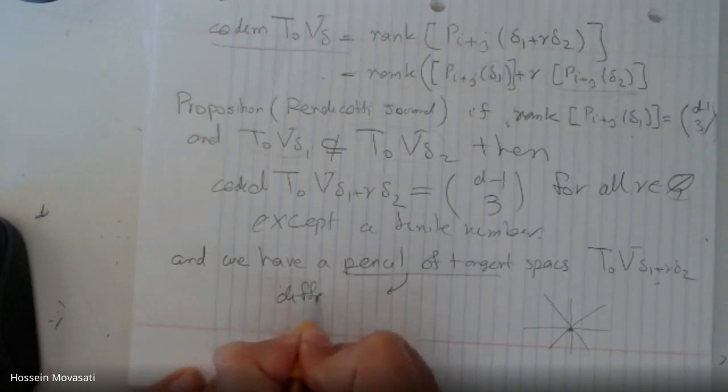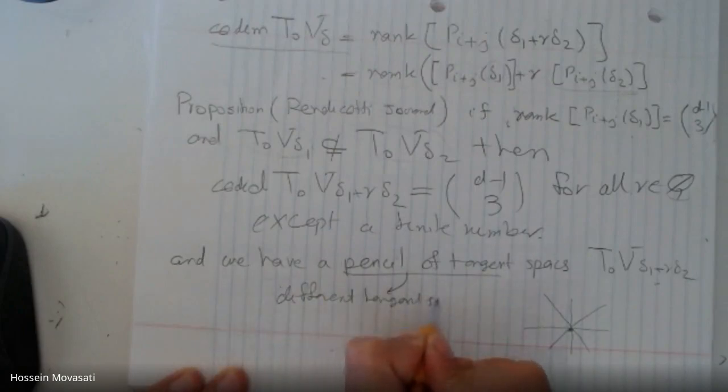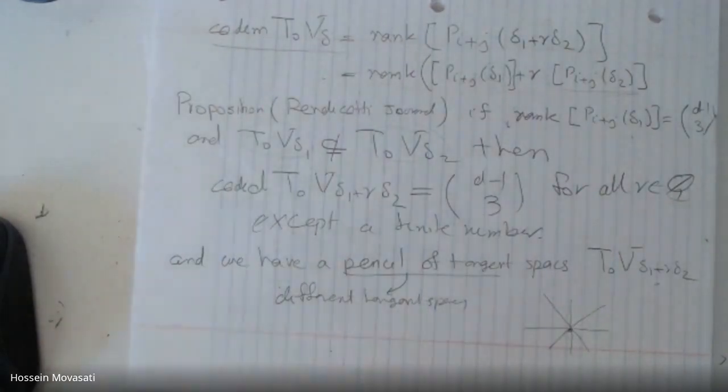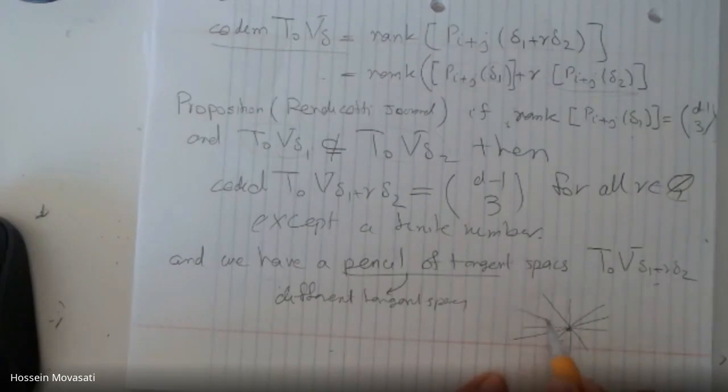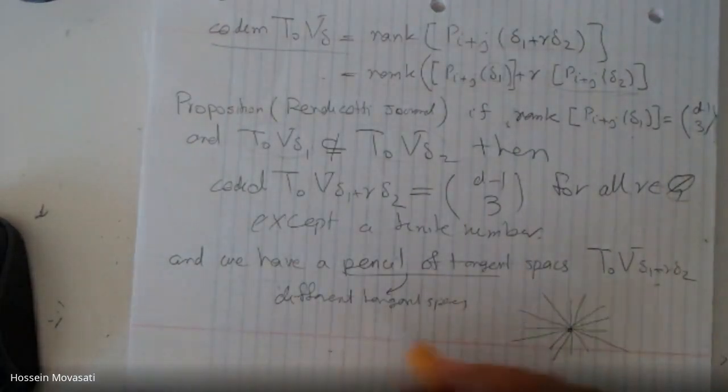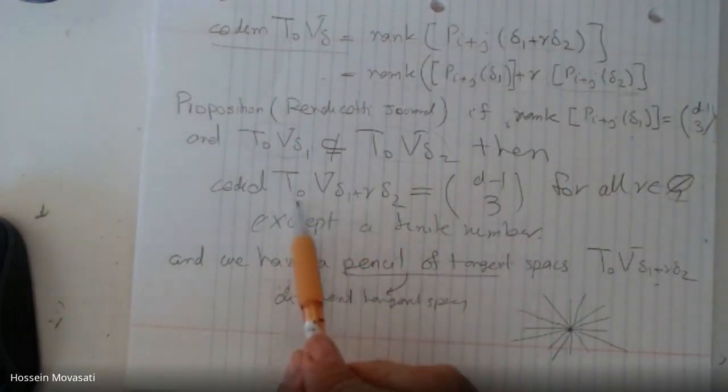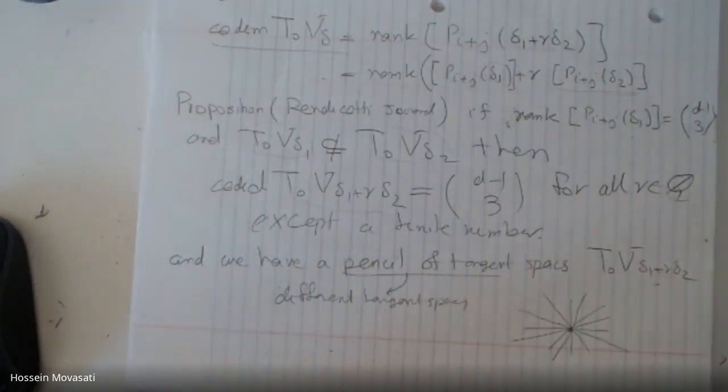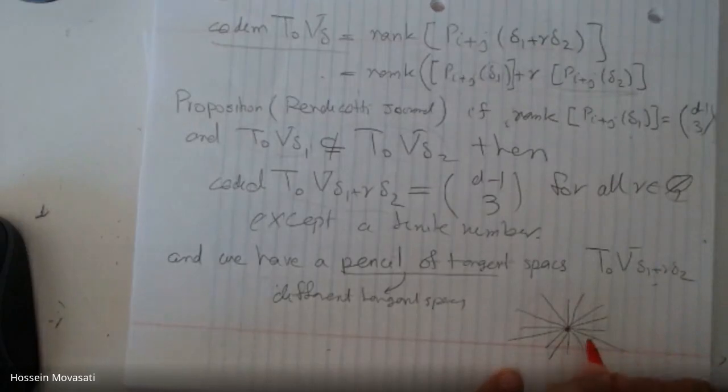So when this R moves, I can produce different tangent spaces, and when the tangent spaces are distinct, this means that the corresponding Hodge locus also will be different.